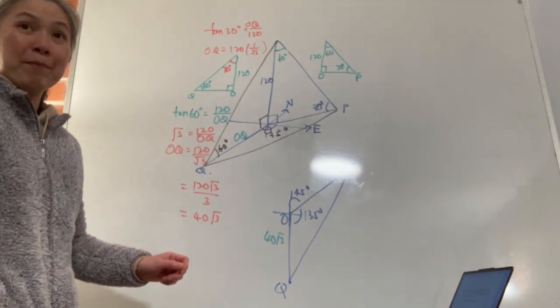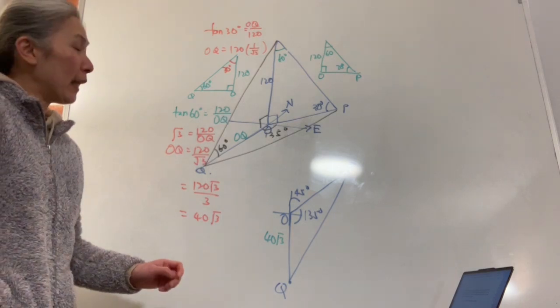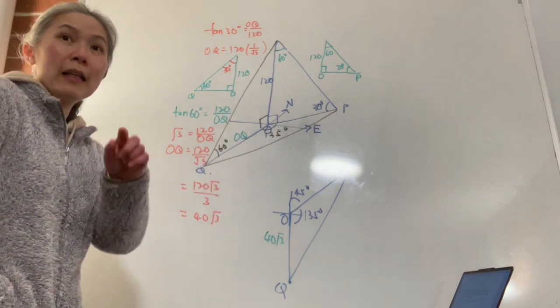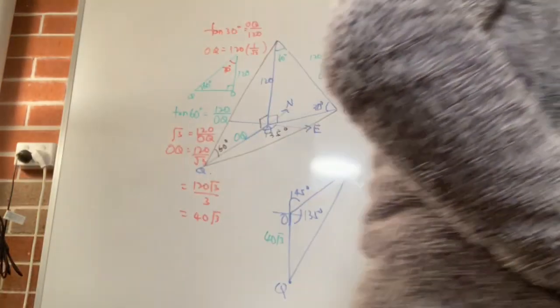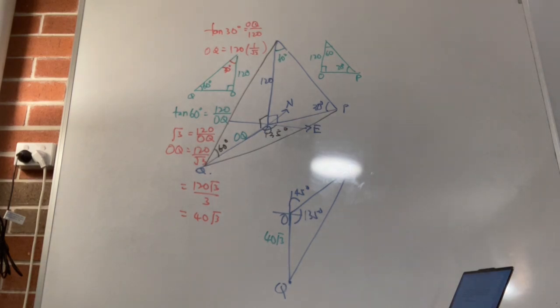Did you find OP? 37.02. Okay, can you write it in exact form? Leave it in exact form? Surd form. I suppose. What did you get? 120 root 3? Yeah, surd form. Did I do something wrong?